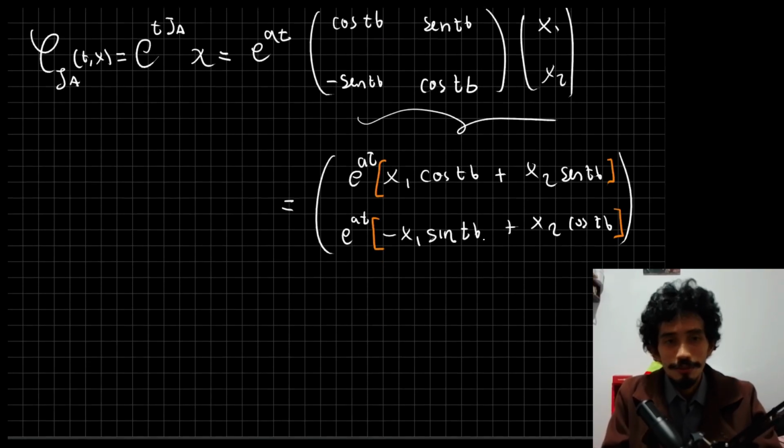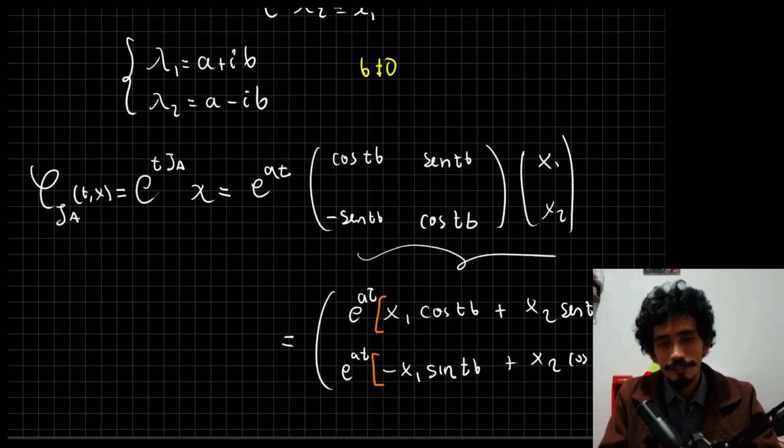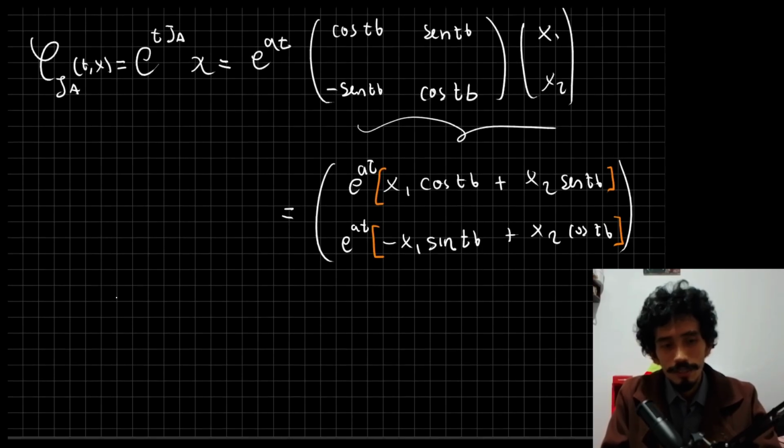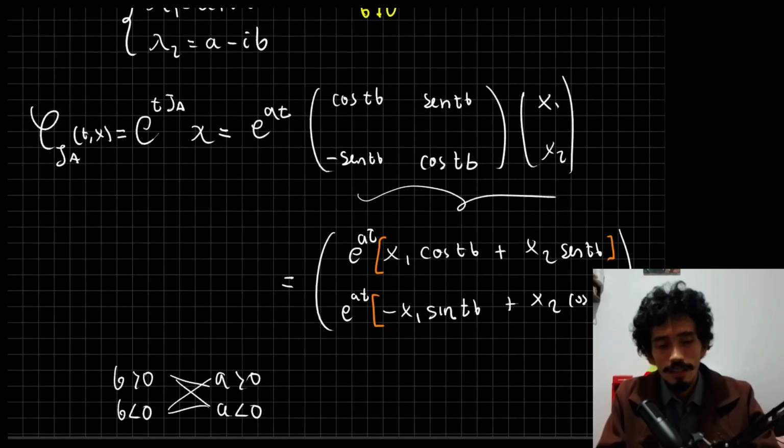And now, once again, we need to study case by case. First, you know that b is different from 0, so we are freed from that case. Then b could be positive, it could be negative, a could be positive, could be negative, and we have all of those combinations.